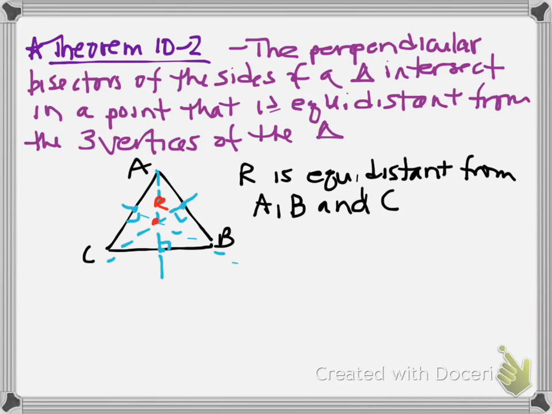So the proof on this guy uses theorems 4.5 and 4.6. If a point lies on the perpendicular bisector of a segment, then the point is equidistant from the endpoints of the segment. So theorem 4.5. And then 4.6 is its converse. Okay?